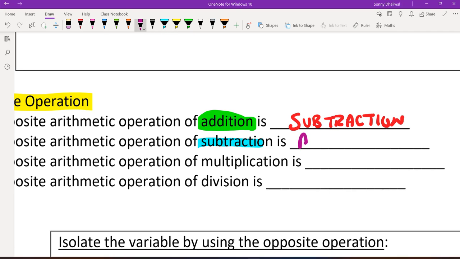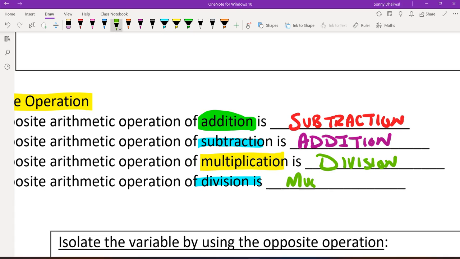Okay? If we have multiplication, what is the opposite? Division. Okay. And if we have division, what is the opposite? Multiplication. And that is the question that you're going to have to ask each time you want to move a number. You're going to have to ask yourself, what is the opposite math I want to do?